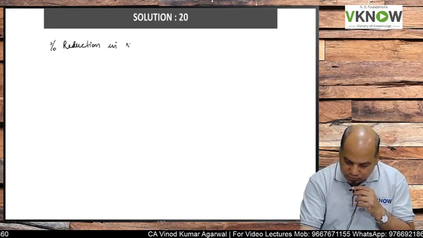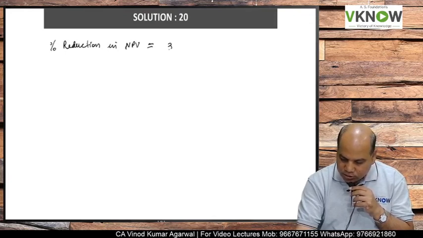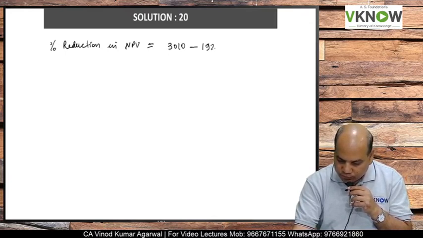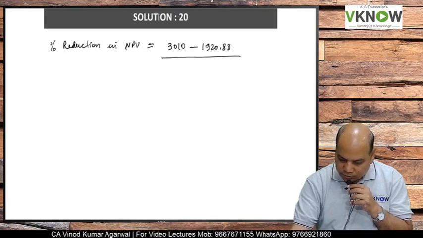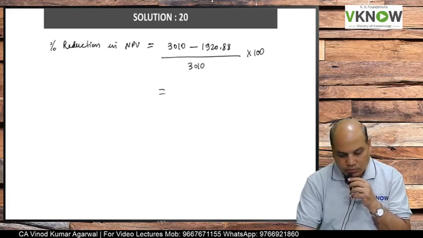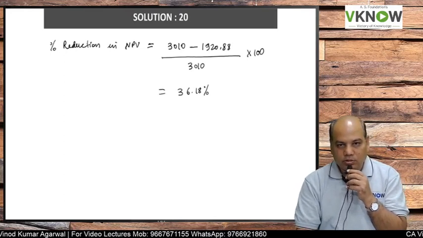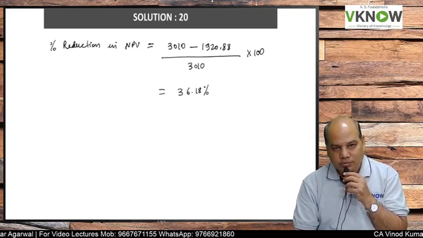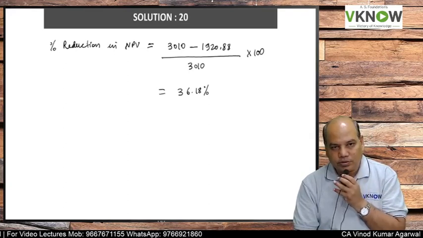So original answer 3010. This answer is 1920.88 divided by 3010 into 100. Around 36.18%. Oh my god. 10% decrease in selling price will reduce your NPV by 36.18%.